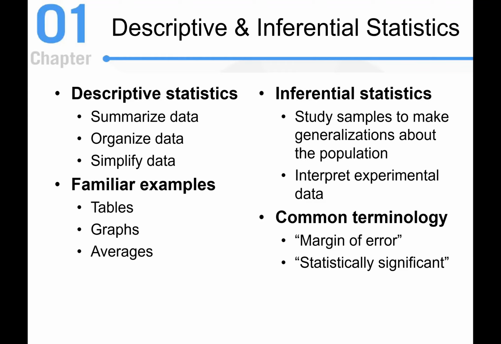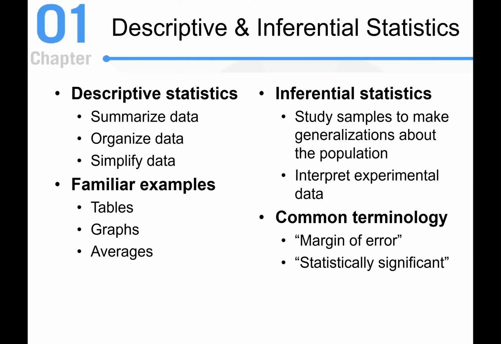And we would do that by utilizing descriptive statistics. Some examples of the way we summarize and organize or simplify data is that we would put the data in a table, which we'll talk about next in the next chapter, or we'll put it in a graph. Graphs are a great way to simplify data and organize it in a way that makes it understandable by you, the researcher, and anybody who, again, looks at your research.